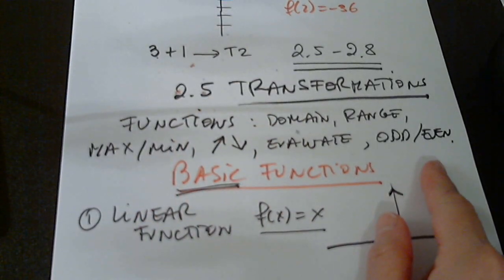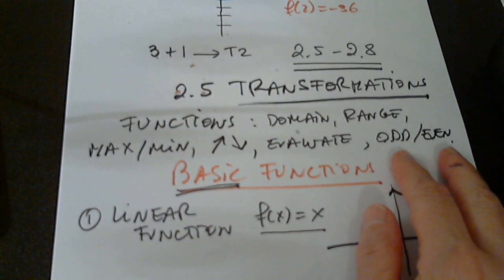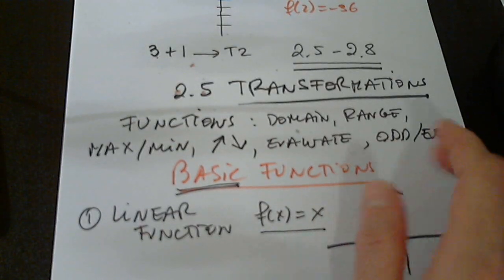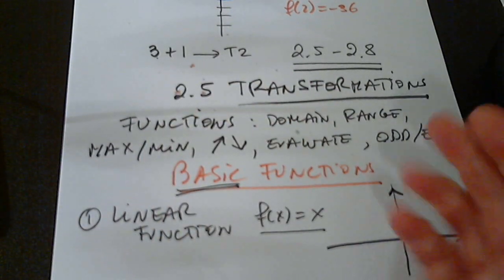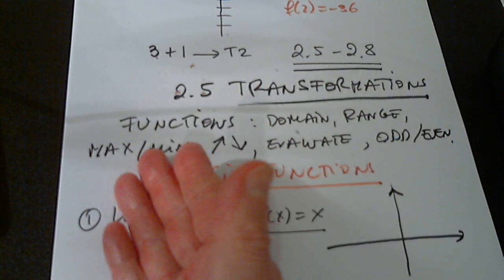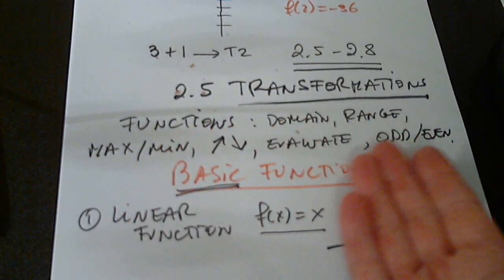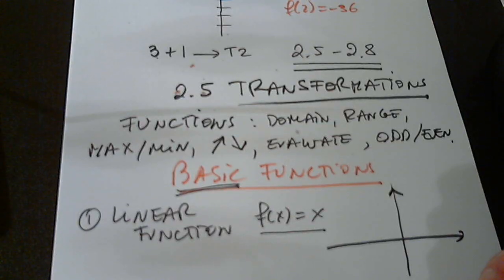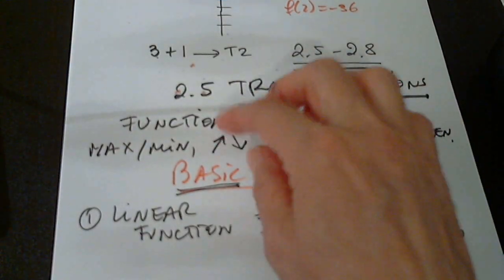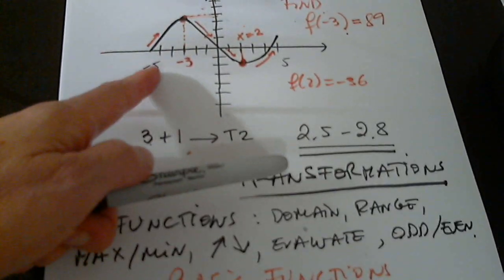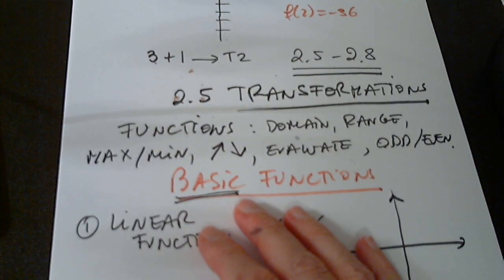So we should understand the property. We should be able to identify if a function is odd or even. If it has a max or min. In other words, if it's symmetric, if it has max, min, if it's increasing, decreasing. All these things tell us something about the function. And we will be better equipped to read functions from graphs and from other situations.